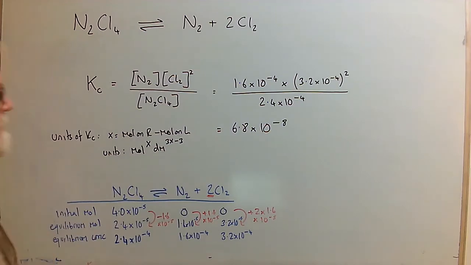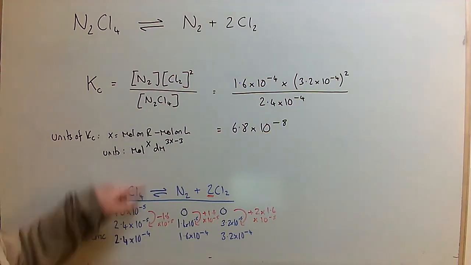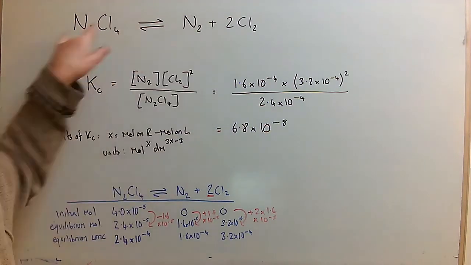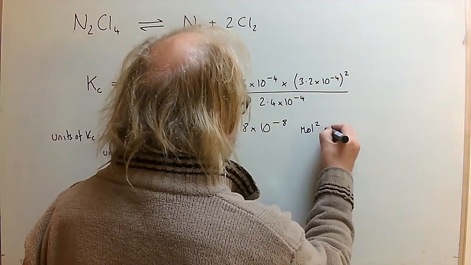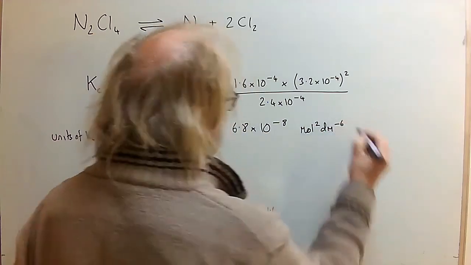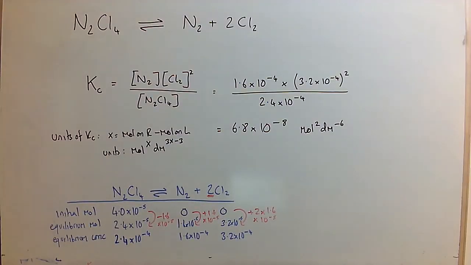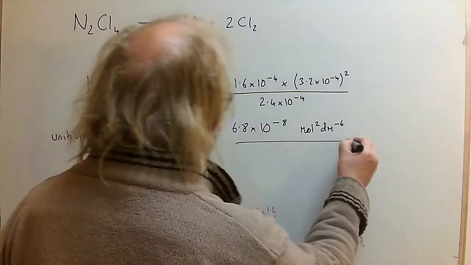So if you memorize that little recipe, then it's easy to get the units right. So we've got x is equal to 3 minus 1 is 2, so it's moles squared dm to the minus 6 is what you get for the units of Kc. And so that's your answer.